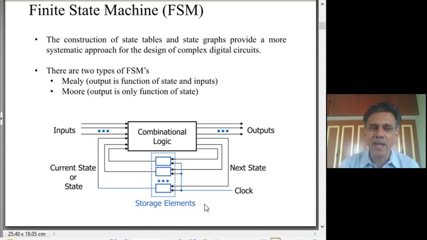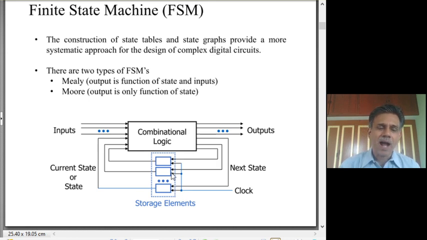And if it does not take any input explicitly, then it still has some use, in the sense that it always behaves in a particular manner. For example, counters don't take any input, but the behavior can be easily characterized, and we take the counts as the output. So counters are also, in one sense, a special kind of finite state machine.